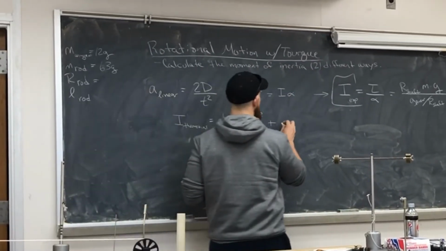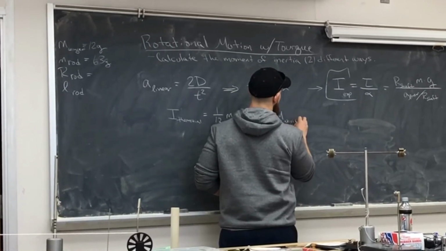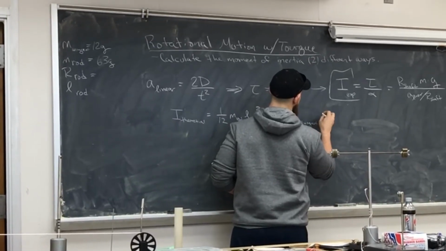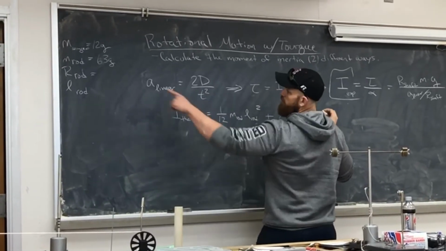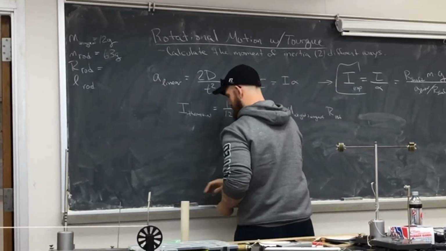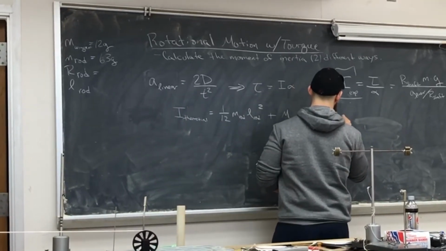So it is m_weight plus wing nut, and then r, I'm going to call this R_weight to make it simpler. R_weight.